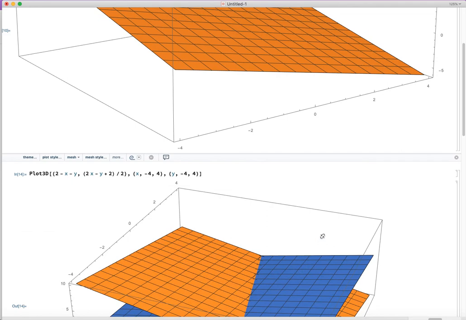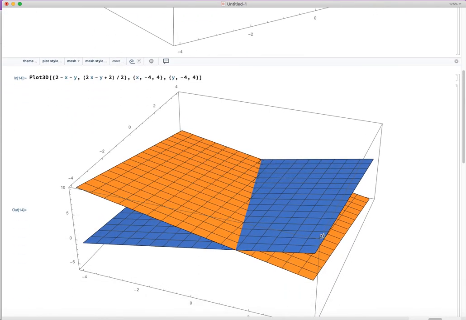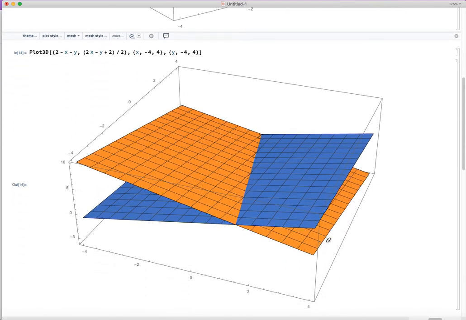Here I graphed the two equations together in the same coordinate axes, in the same coordinate system. And you see the orange plane that we had seen before, and now we have a second plane which is in blue, and the two planes meet along a line, and each point of that line represents a solution of the system of the two equations together.